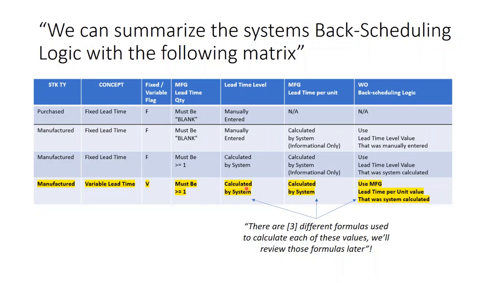And then there are 3 different formulas used to calculate the lead time level, the manufacturing lead time per unit, and then work orders. When you cut a work order, it would always use the lead time per unit information for back scheduling that work order.